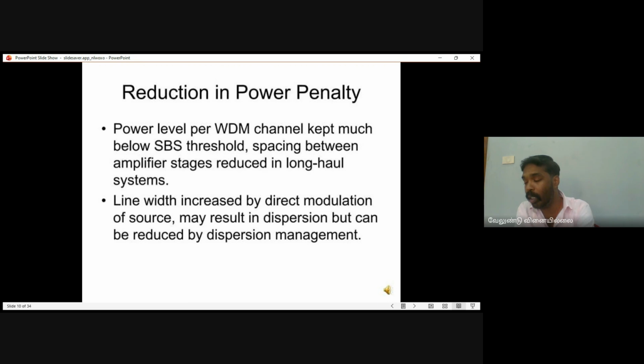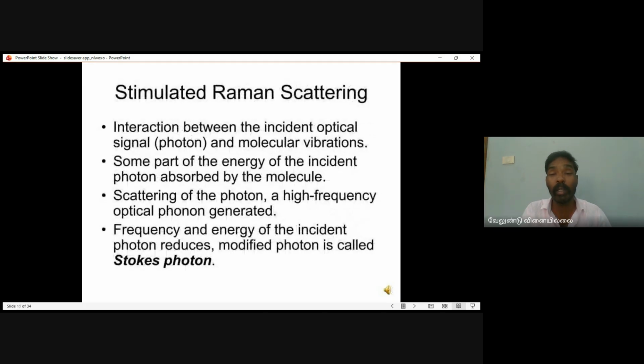In wavelength division multiplexing, the channel is kept much below the SBS threshold, with spacing between the amplifier stages, reducing it in long haul systems. Therefore, the level of my power keeps varying because of the nonlinear effect. The line width increased by direct modulation of the source may result in dispersion, but it can be reduced by dispersion management. If the line width increases, the dispersion of the light wave also increases, but it is manageable.